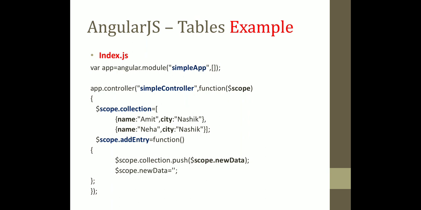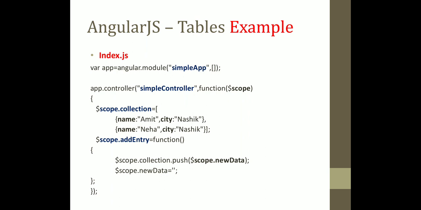So var app equals to angular.module('simpleApp', []) with the empty brackets. Then app.controller, we will call the controller, that is simpleController, comma function($scope). So as told before, controller will always follow the scope parameter.